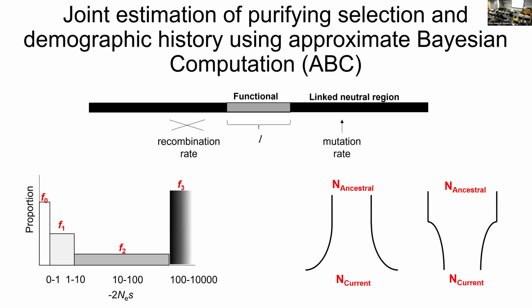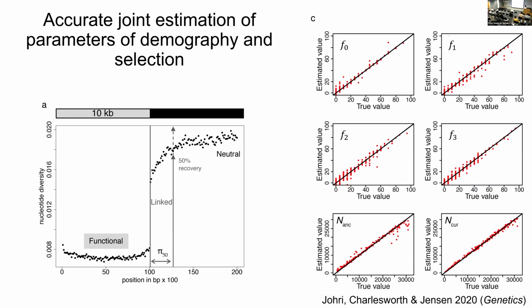We had a distribution of fitness effects that we were inferring and an arbitrary population size change. The idea was that we could try to understand how these effects of background selection decay around a selected element. We could use that to infer both parameters of selection and population history.